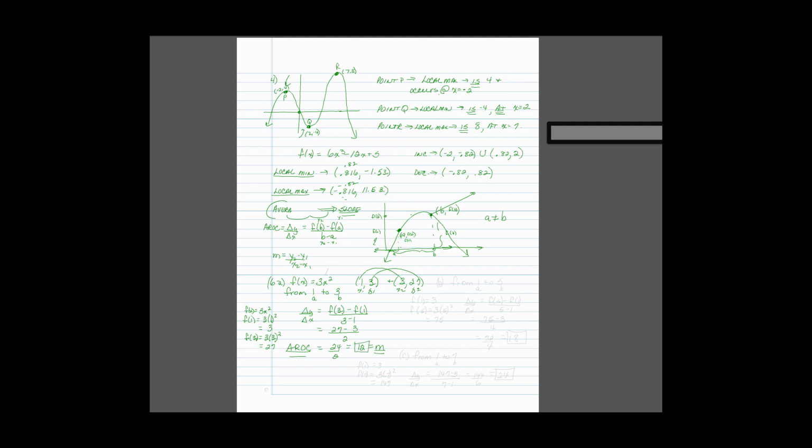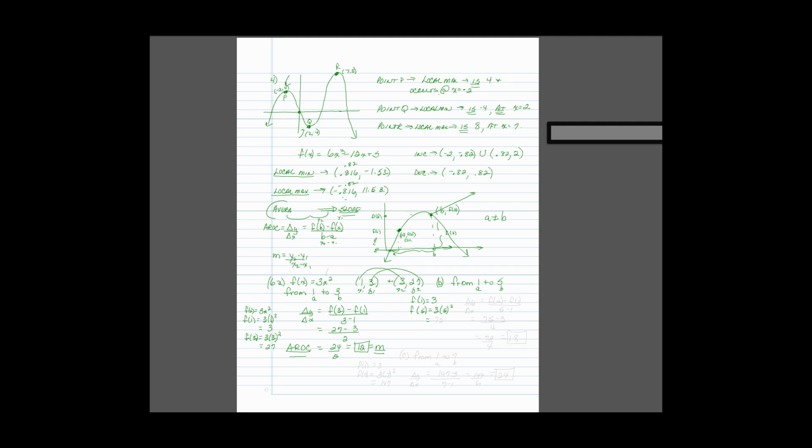Okay? Now let's do the same little experiment, but instead of going from 1 to 3, we want to know from 1 to 5. So here's our A, here's our B. F of A is f of 1. Well, we already found that over here. F of 1 was 3. F of B is f of 5, so that would be 3 times 5 squared.